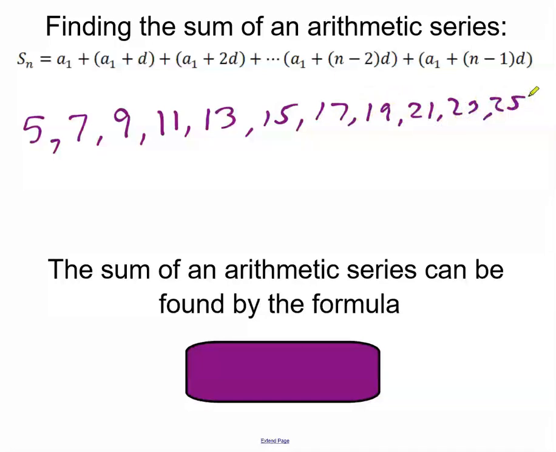Okay, so here we're adding up. You can see that each term goes up by 2 each time. 1, 2, 3, 4, 5, 6, 7, 8, 9, 10, 11. So I'm adding up these 11 terms.